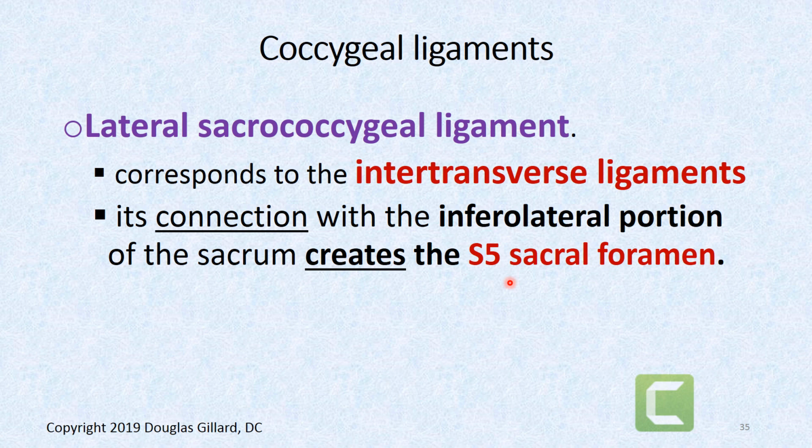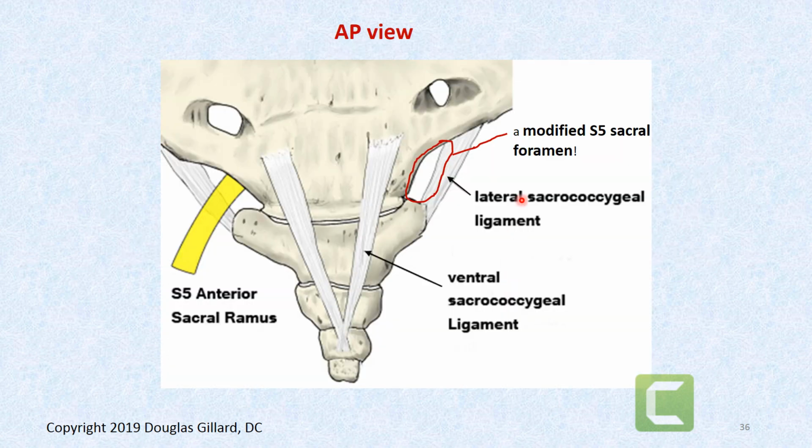Here's another picture of them. You can see them right here in gray, and you can see the anterior ramus of the S5 sacral root coming right through here. Remember we said S4 are bony holes, but there's no S5, so you get a makeshift one here by using this lateral sacrococcygeal ligament.